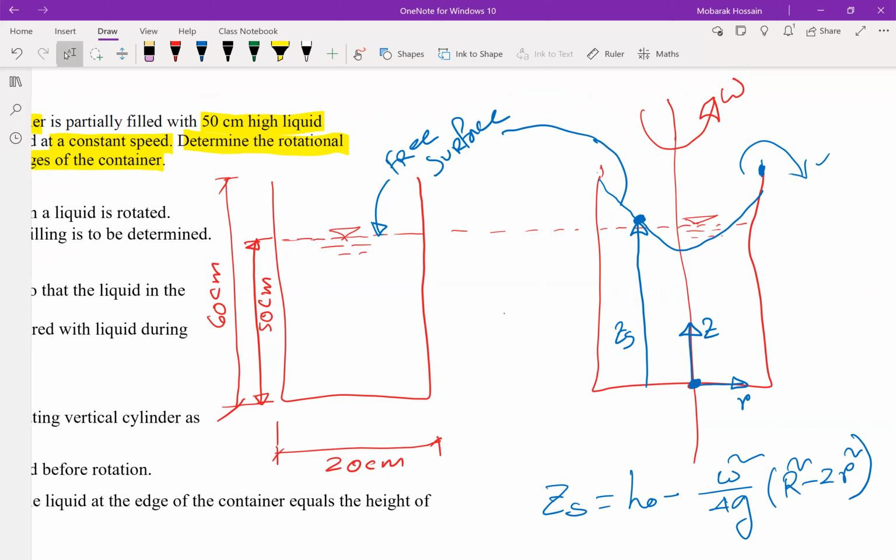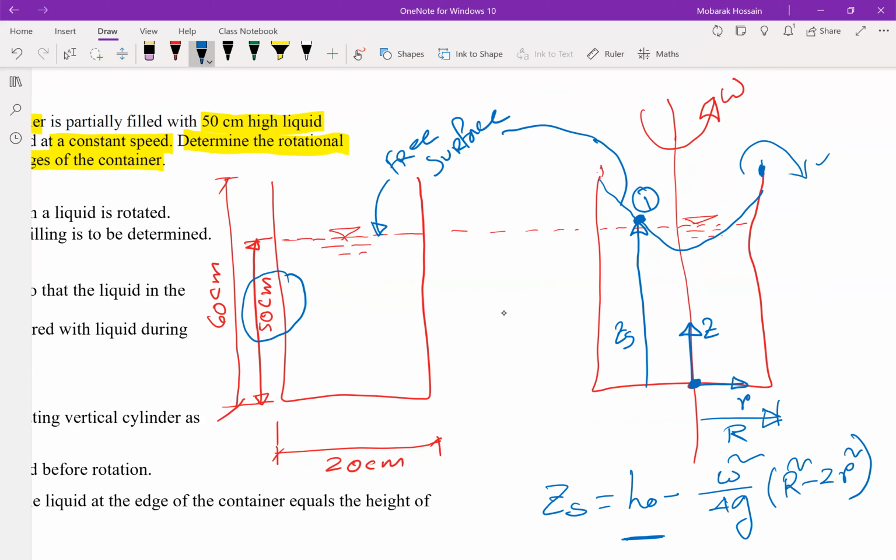The first part is your original liquid level without rotation. For this problem, h naught is 50 centimeter, your original liquid height. Then minus omega, your angular velocity, the rotational speed, over 4 times g, the gravitational acceleration. Then r square.